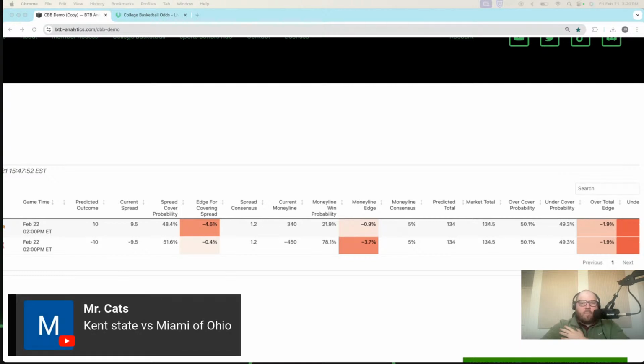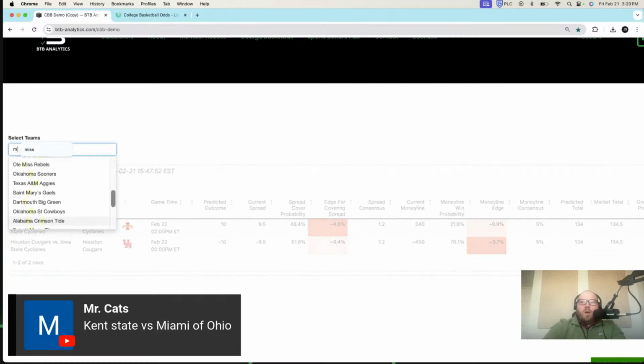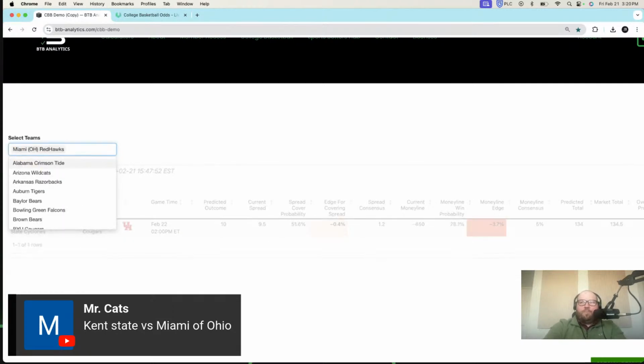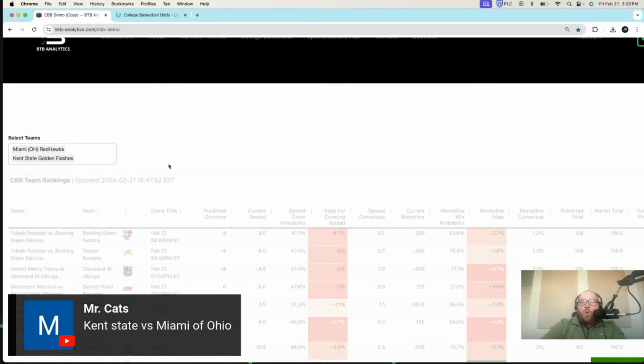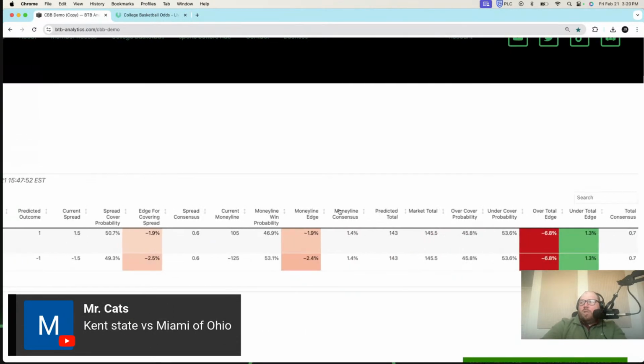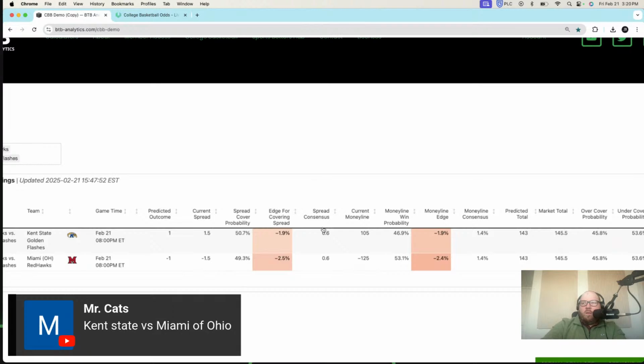Thanks for being here. He wants to talk about Kent State, Miami of Ohio. That is a tonight game. Let's take a look. I think I saw Smart Money gave out the over in this game. We disagree here, where we think there's more value actually on the under, under 145 and a half, and yeah, that 1.3% edge on the under could be something a little interesting.